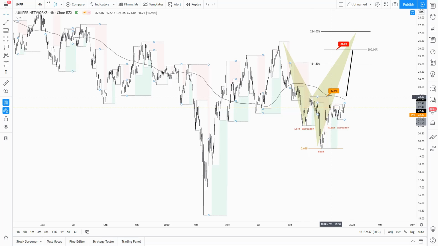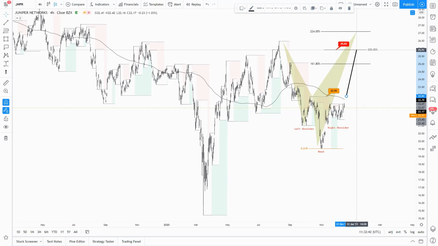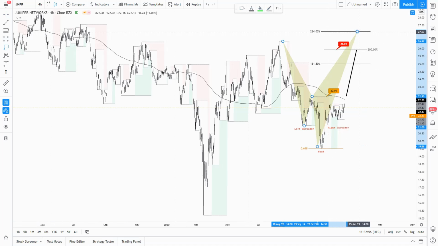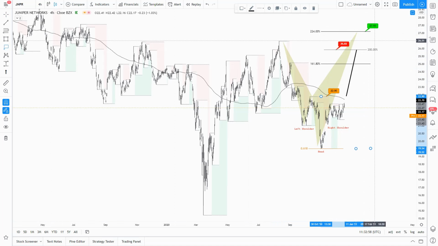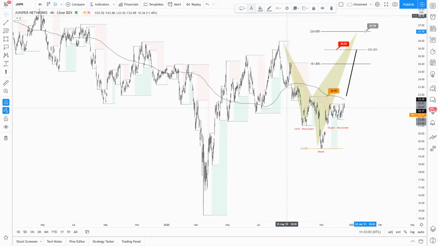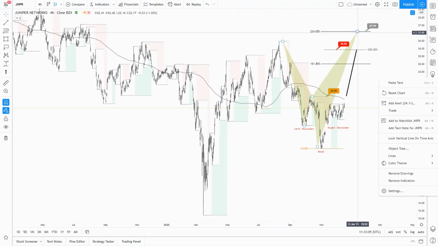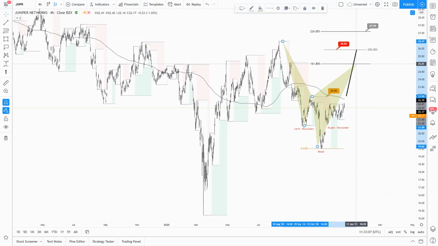So if the market decides to trade above, that will confirm the pattern, and we may see the price then searching for the default target for that pattern, the inverted head and shoulders, 25.93. If that happens, we may see some pressure then later a few points above, the 224% Fibonacci, 27.10. That will be a bearish shark pattern, without ignoring obviously the golden Fibonacci extension level.